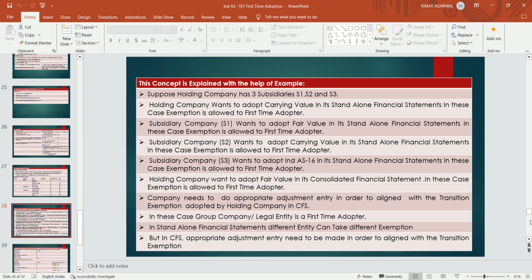But in the consolidated financial statement, an appropriate adjustment entry is needed in order to align with the transition exemption adopted by the holding company in CFS. In this case, the group company and legal entity are also first time adopters. In standalone financial statements, different entities can take different exemptions, but in CFS, an appropriate adjustment entry needs to be made in order to align with the transition exemption.